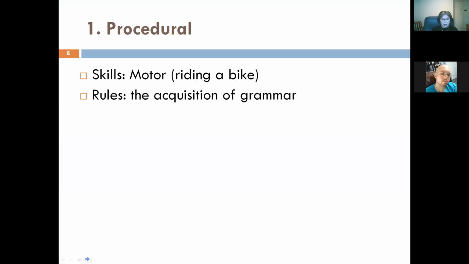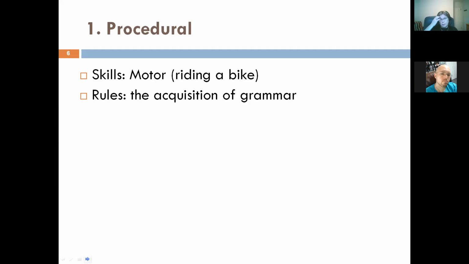I already mentioned language. Language is one of those non-declarative procedural types. That's why we don't get amnesic patients with language problems. Language is almost always intact unless there's a comorbid condition like aphasia, which happens, of course. So the acquisition of grammar and grammar rules are there.